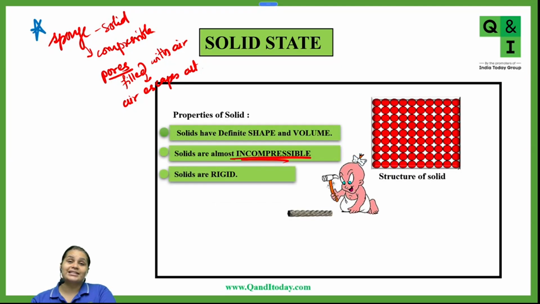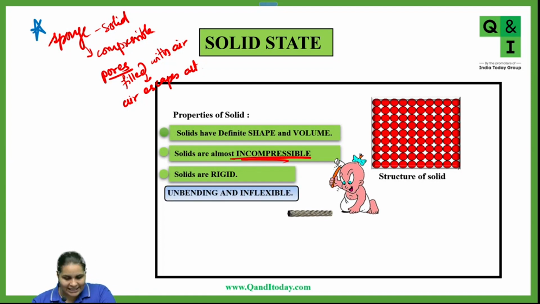Now coming to the second one, solids are rigid. What do we mean by rigid? If we try to change the shape of a solid by external force, it will resist. So what is rigidity?